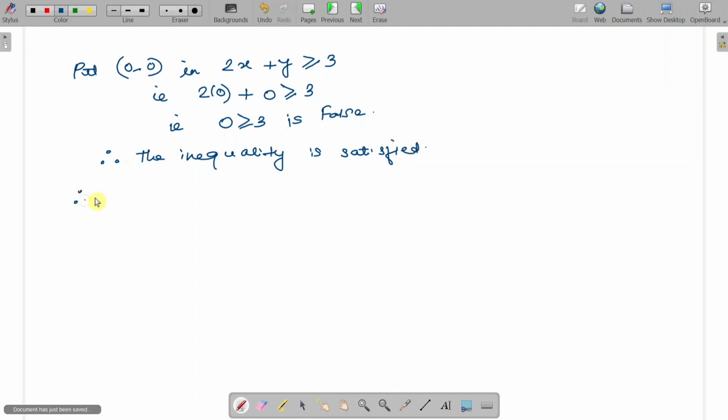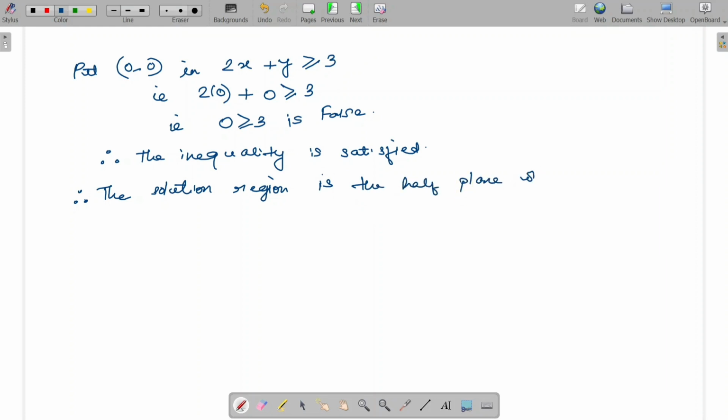Therefore the solution region is the half plane where 0 comma 0 does not lie.